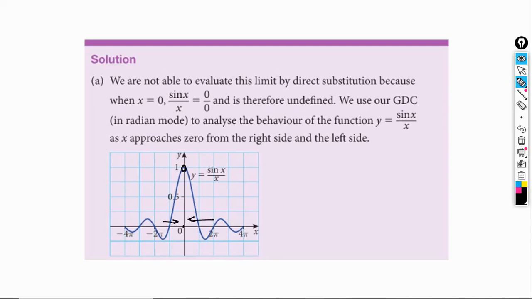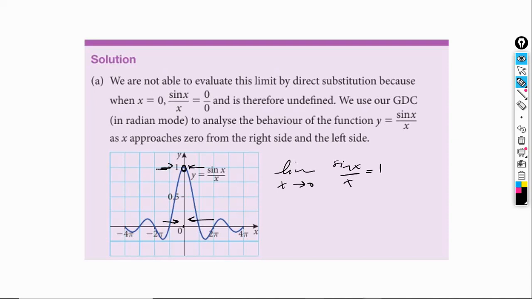What happens to y? Well, let's look at y. As you can see, as you approach 0 for x, y gets closer and closer to 1. So that means that the limit as x approaches 0 of sine of x over x is 1.